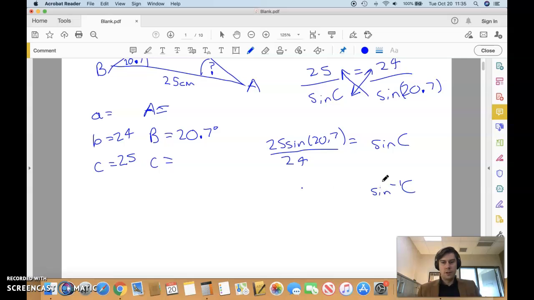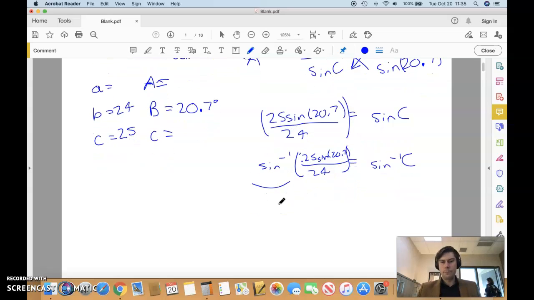Then we have to take the sine inverse of C. So we go sine inverse of that. You have to look for this symbol, the inverse of sine, on the calculator.